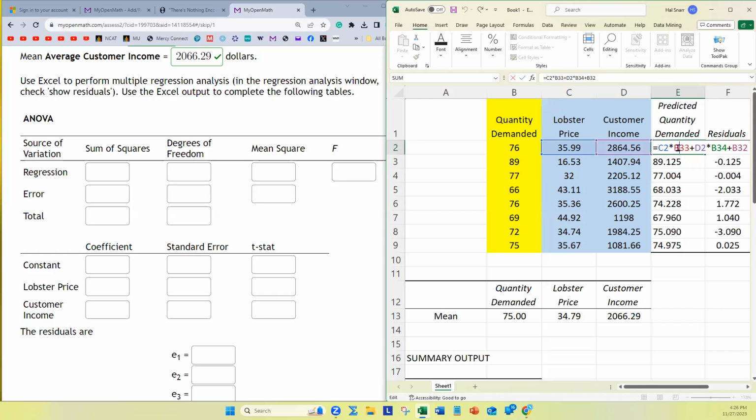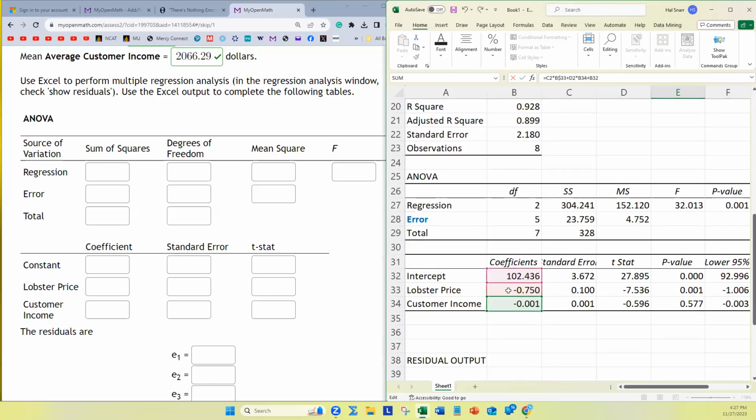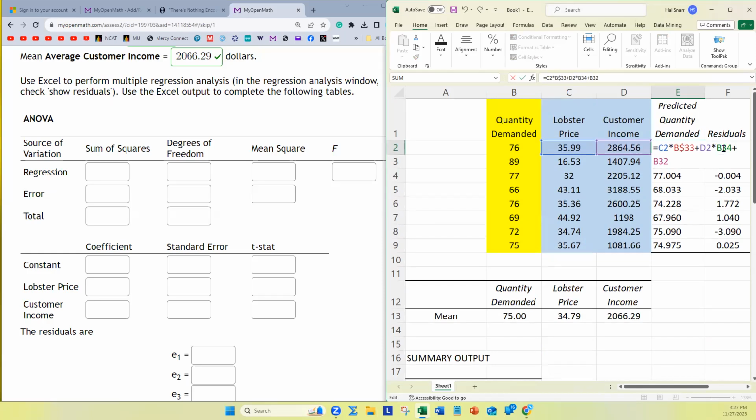So I'm going to freeze. I'm going to put a $ sign between the B and the 33. B33 down here for me is the lobster price coefficient, right? And I'm going to put one between the B and the 34.